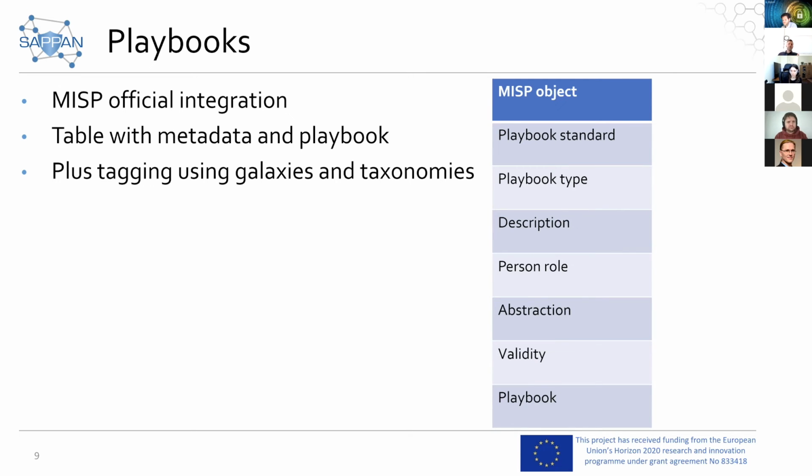The Playbook type: if it's described in JSON, XML; a description of what it's about; what person roles are involved in the Playbook, if any; the level of abstraction, whether it's high level, at the level of guidelines, or already an executable workflow; and if there's limited validity of the Playbook, so if the lifetime of the Playbook should be somehow restricted; and then the Playbook itself.